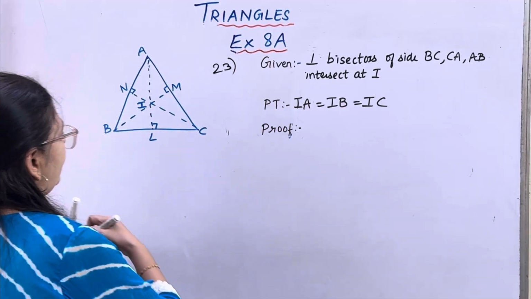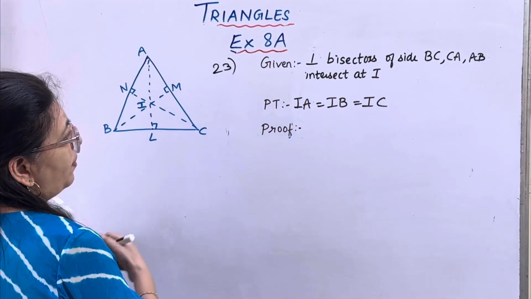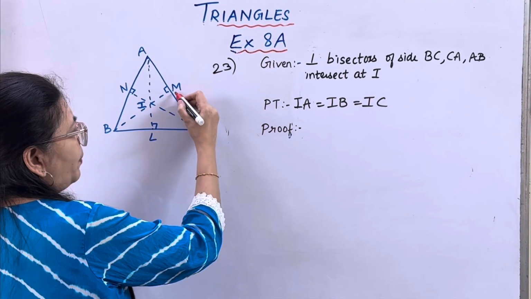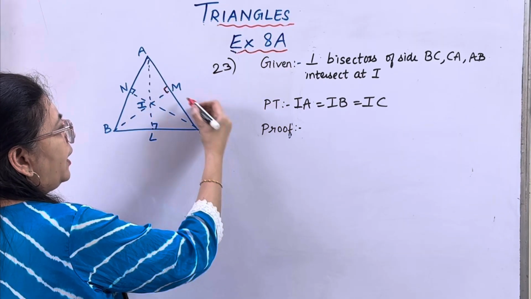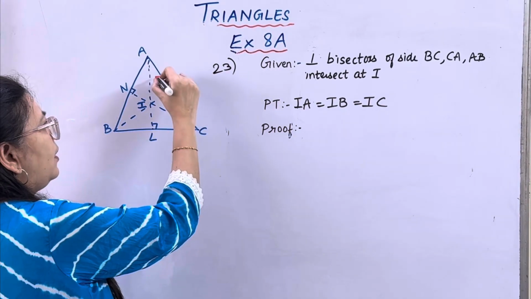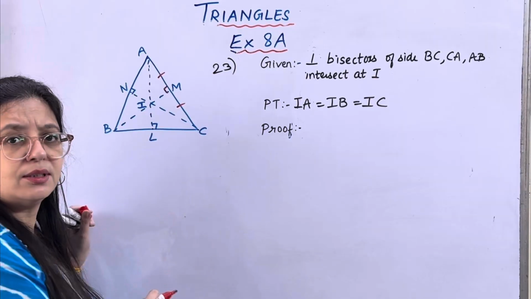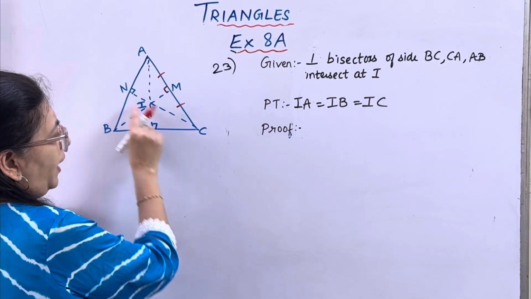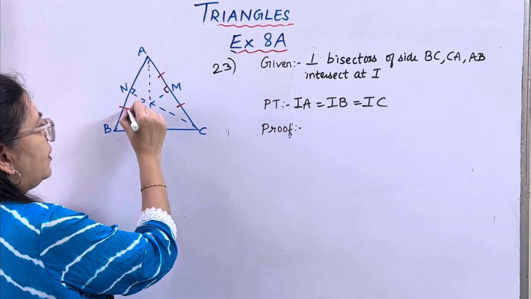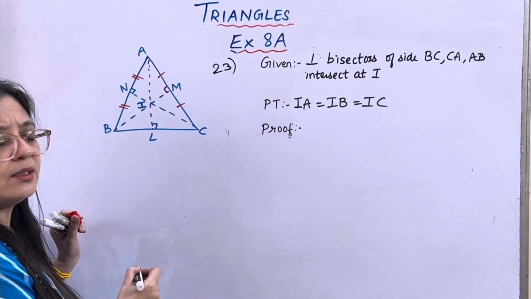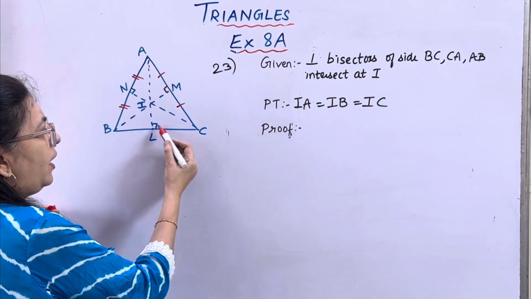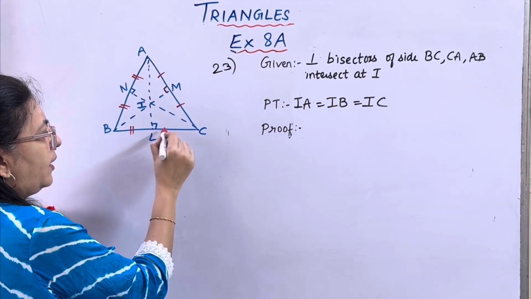So what does it mean? Say if I say BM is a perpendicular bisector, so this is 90 degrees, and since it is a bisector, this side is equal to this side. Same way NC is perpendicular and this side is equal to this side. Same way AL is perpendicular and bisector also.